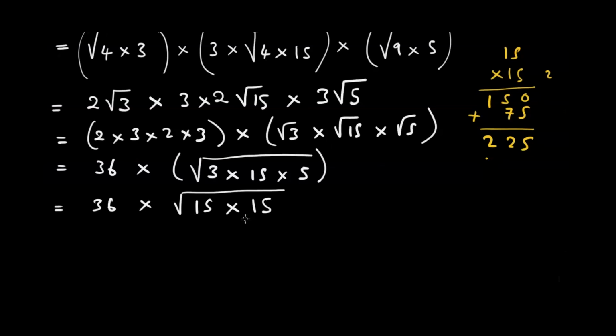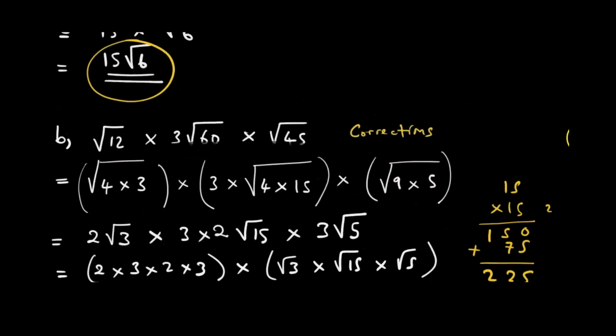If we find the square root of 225 we get 15. So the square root of 15 times 15 is equal to 15. So we have 36 multiplying 15. What answer do we get there? 36 times 15. The final answer is 540.